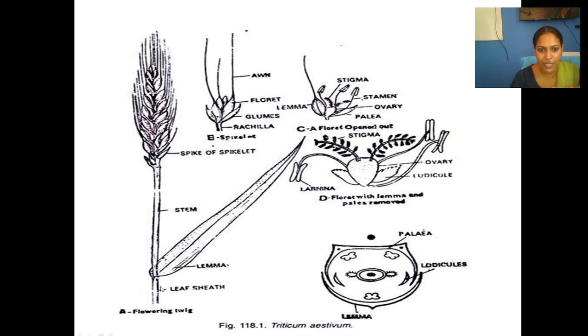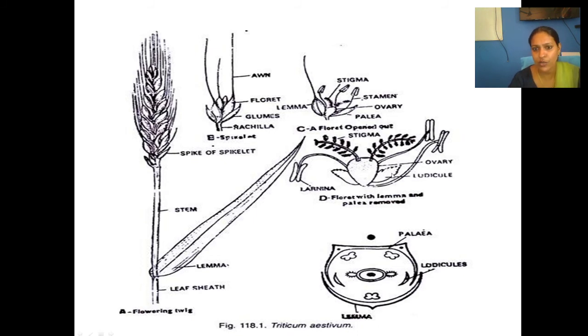Here see the leaf base. The leaf has been attached to the peduncle, right? It has been completely covered, and this is our spikelet, and this is a single spikelet. On the lemma you could see an awn, a horn or thorn is there, okay, and this is the flower, opening of the flower. You could see the long filaments with the stamens and the palea, and you could see the lodicules.